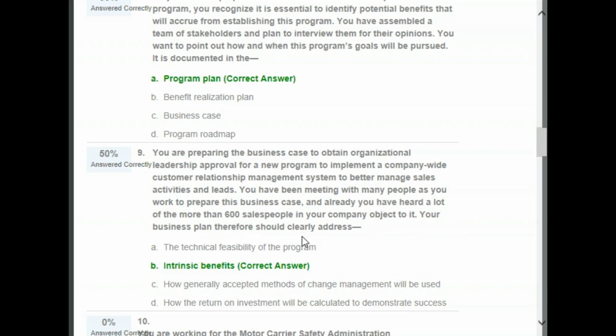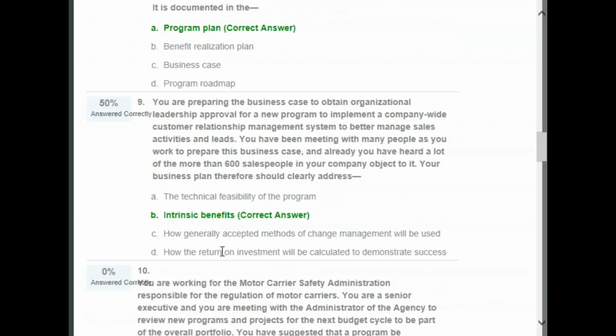Your business plan, therefore, should clearly address technical feasibility, intrinsic benefits, how generally accepted methods of change management will be used, how return on investment will be calculated to demonstrate success. So the answer is intrinsic benefits.